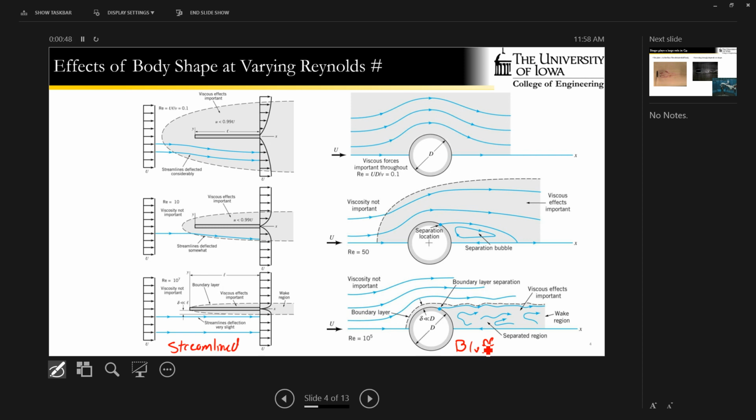There's a primary distinction between a streamlined body and a bluff body. A streamlined body, as the name implies, the streamlines in the flow generally contour very closely to the body. They're not deflected very much. Whereas with the bluff body, they deflect. And more importantly, on bluff bodies, we have what's called separation. We'll talk about this a little bit more in a few minutes. But the idea is that when these streamlines have to deflect, there's some energy being lost, so they're not able to actually stick to the backside of the body.